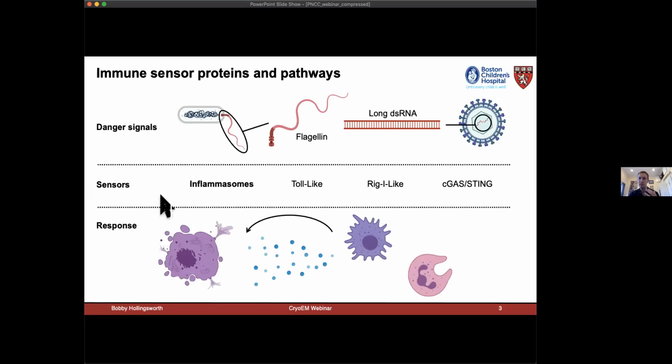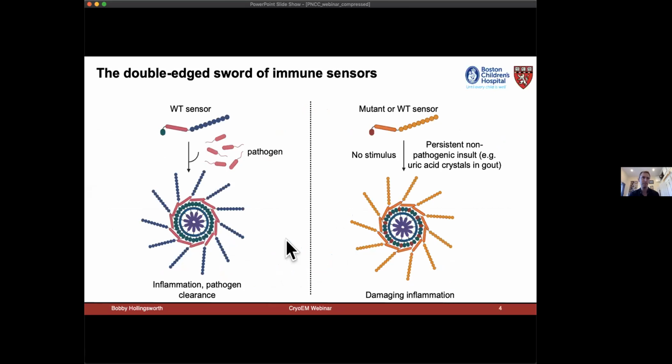These innate immune sensor proteins and pathways recognize diverse danger signals, such as flagellin present on a variety of different bacteria, or RNA present on many different viruses, and undergo conformational changes that lead to cellular signaling pathways that often result in cell death, as well as the release of pro-inflammatory molecules. And this allows immune cells to taxi to the site of perceived danger and deal with these perceived threats.